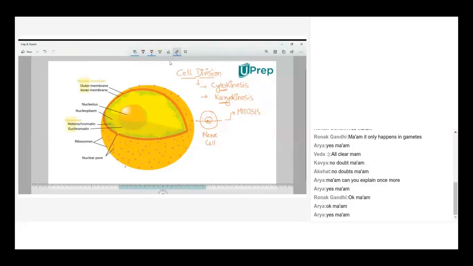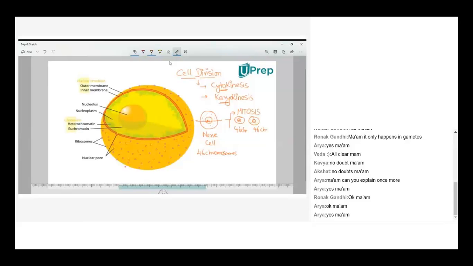To understand it in a better way, equally means, suppose the nerve cell possesses 46 chromosomes. Out of 46 chromosomes, all 46 will be carried to the daughter cell. So here also 46 chromosomes, here also 46 chromosomes, the same nucleus with all the cell organelles and cytoplasm.